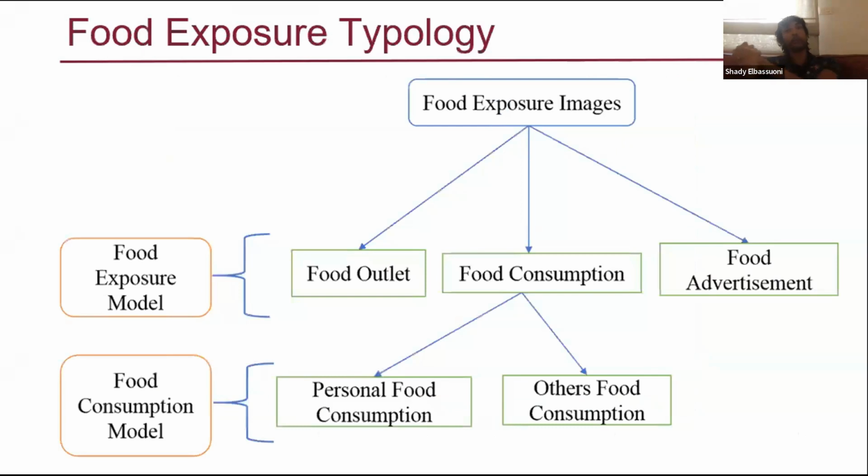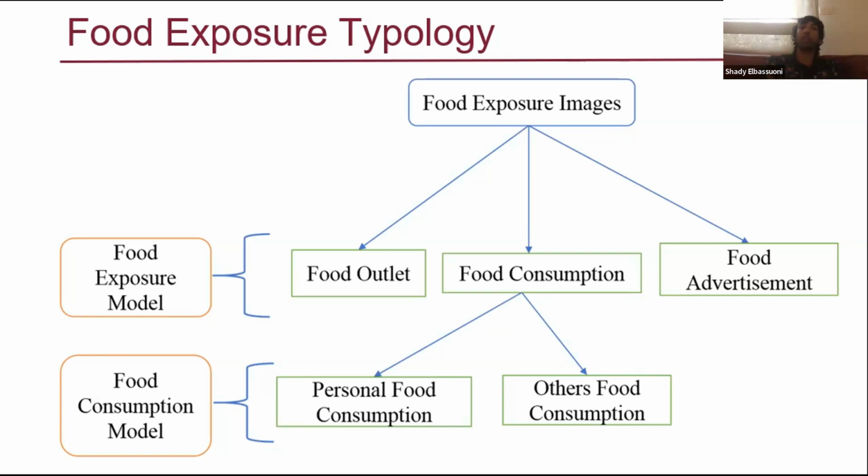Next, please. Now, once we've been able to capture data through wearable cameras and only retain the ones that have something to do with food exposure, we went a step further and decided to classify these food exposure images into subcategories.